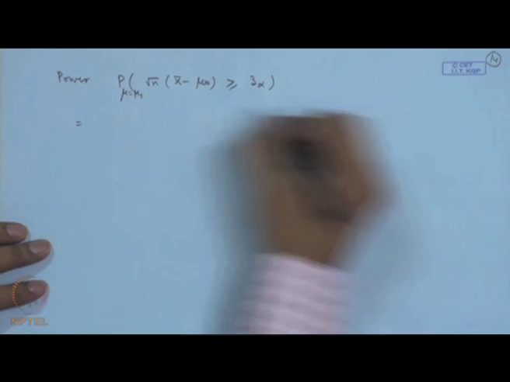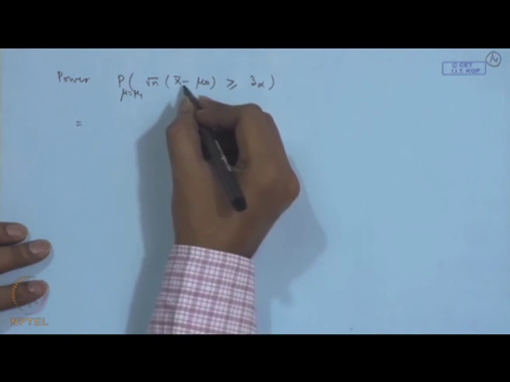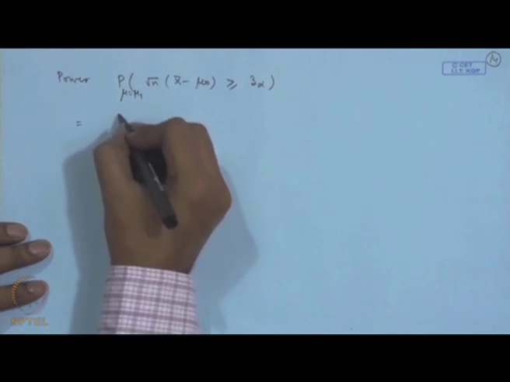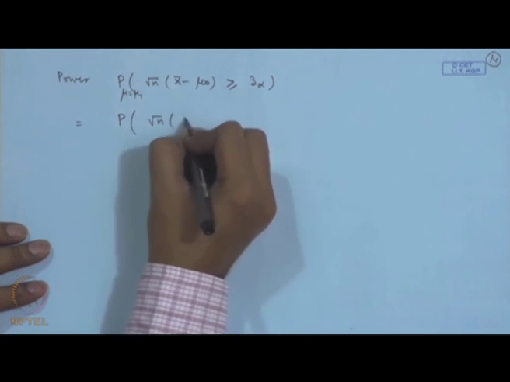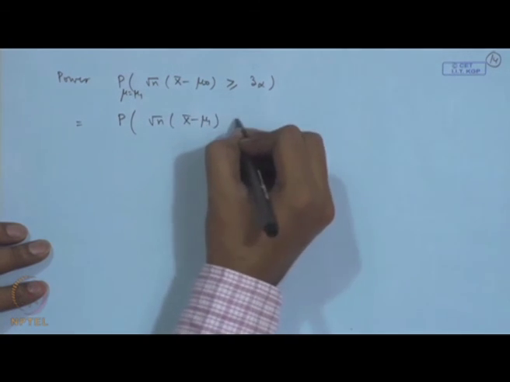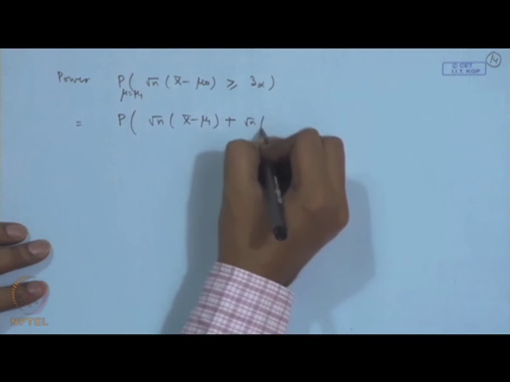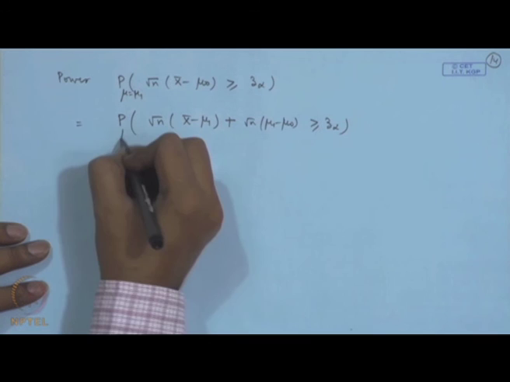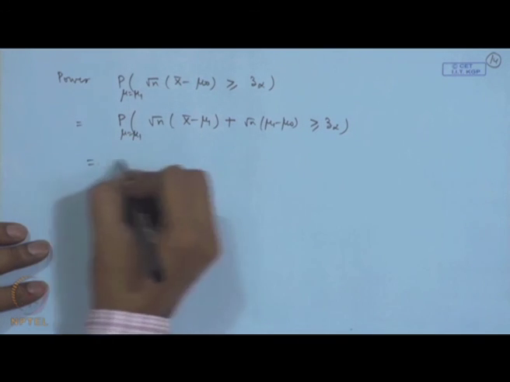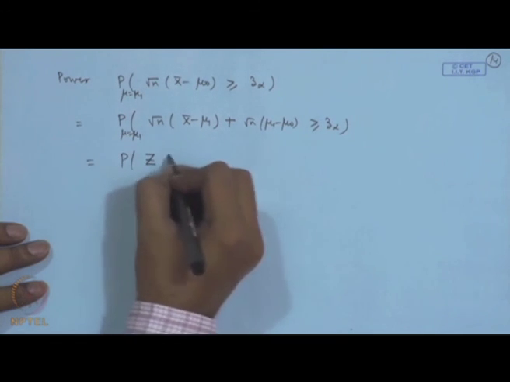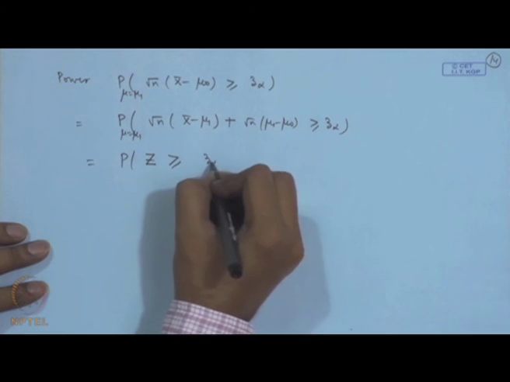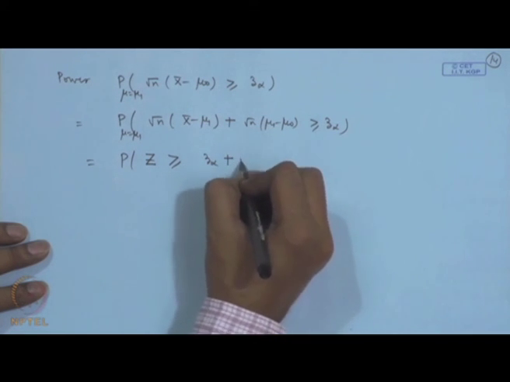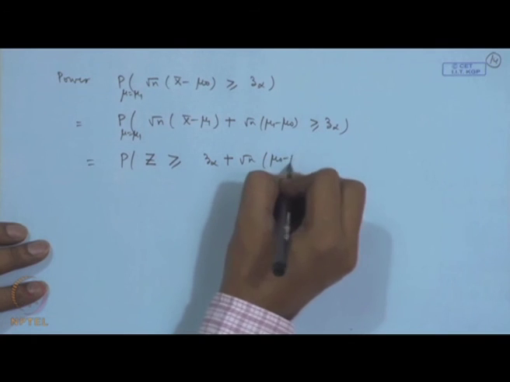So, when mu is equal to mu 1, this does not have the standard normal distribution, rather we need shifting here: root n times x bar minus mu 1 plus root n times mu 1 minus mu naught greater than or equal to z alpha for mu equal to mu 1. That is equal to probability z greater than or equal to z alpha plus root n times mu naught minus mu 1.